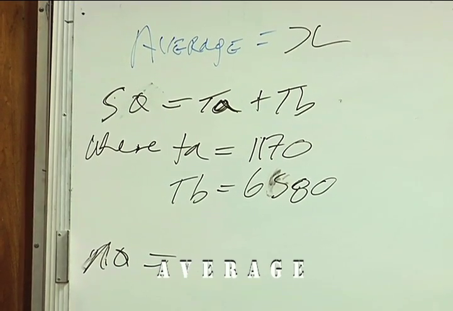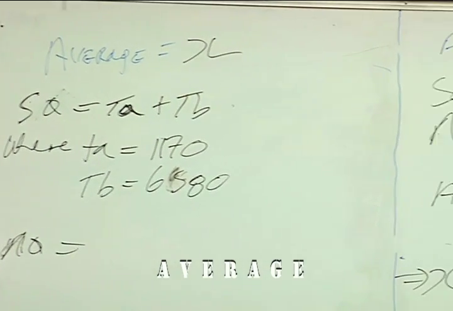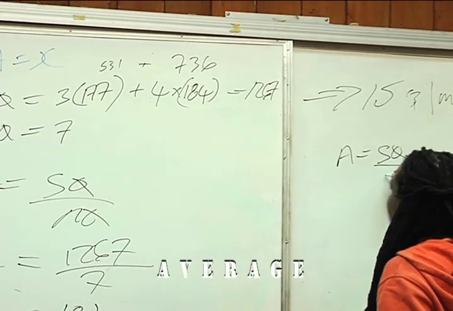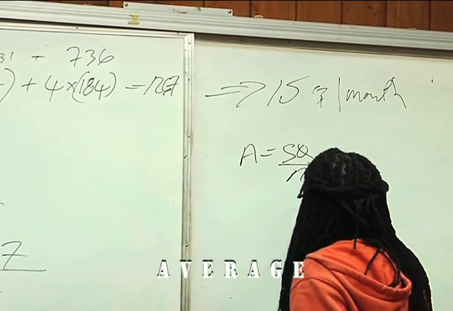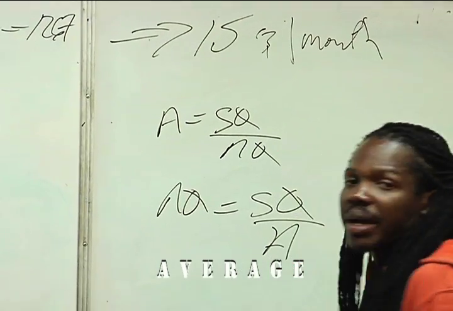The average teacher age is 39. Remember we worked out that if A equal SQ over NQ, then it means that NQ equal SQ over A. Remember that?